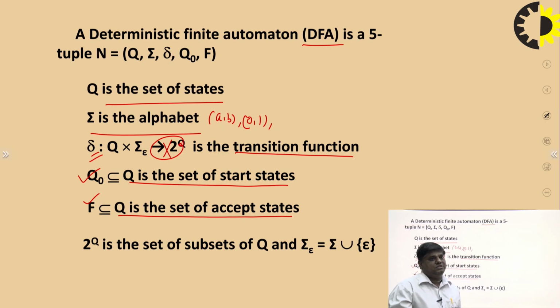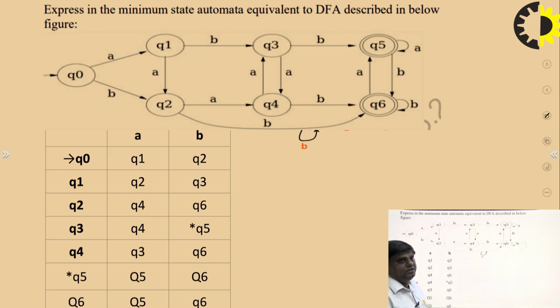Or any machine that can accept a regular language, we can also say is a deterministic finite automata. There are n number of definitions of the finite automata, but this is the mathematical definition.